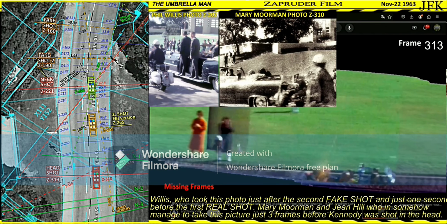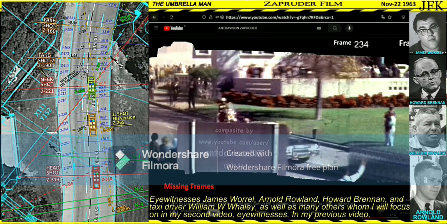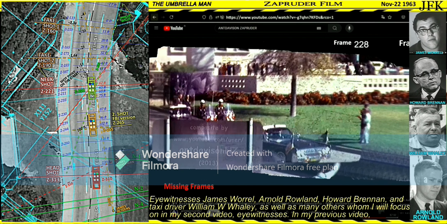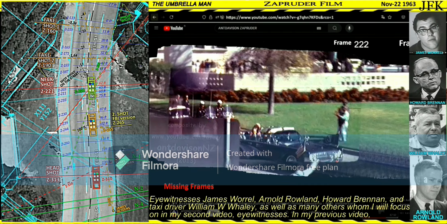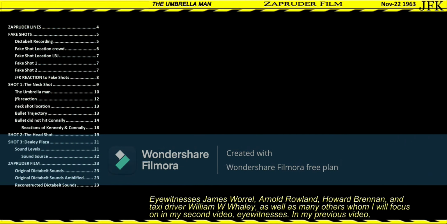Mary Moorman and Jean Hill, who somehow managed to take this picture just 3 frames before Kennedy was shot in the head. Eyewitnesses James Worrell, Howard Brennan, taxi driver William W. Whaley and Arnold Rowland, as well as many others whom I will focus on in my second video, Eyewitnesses.